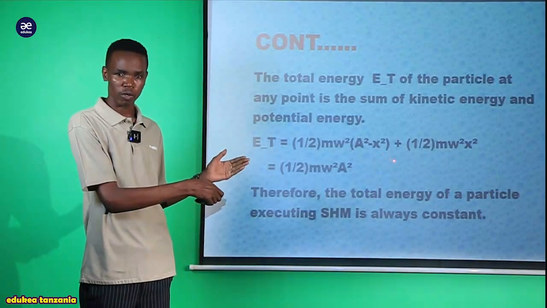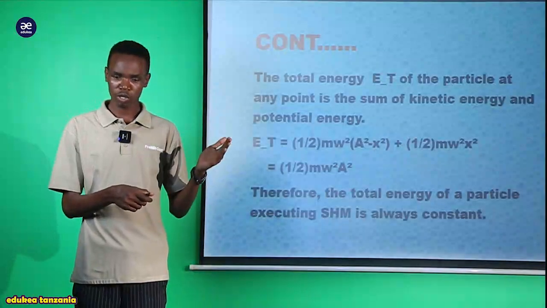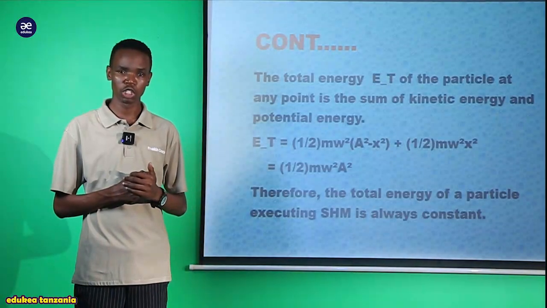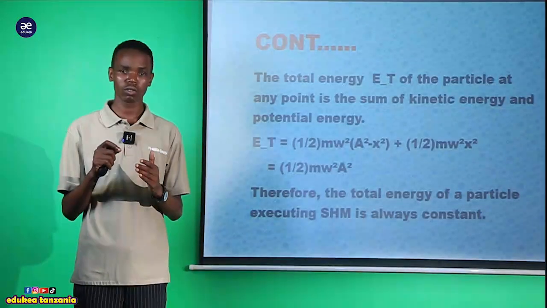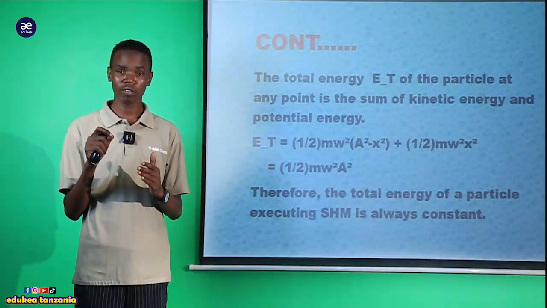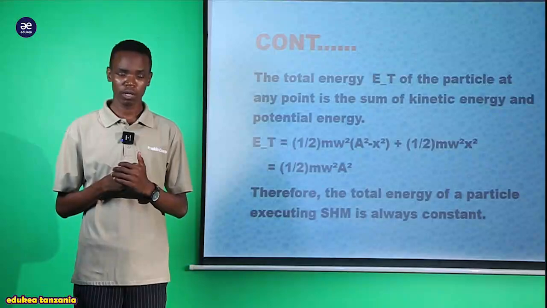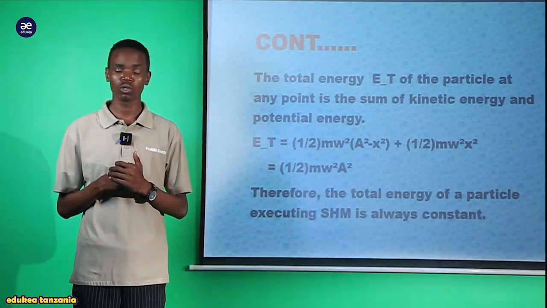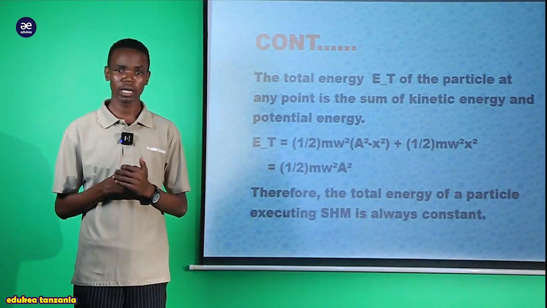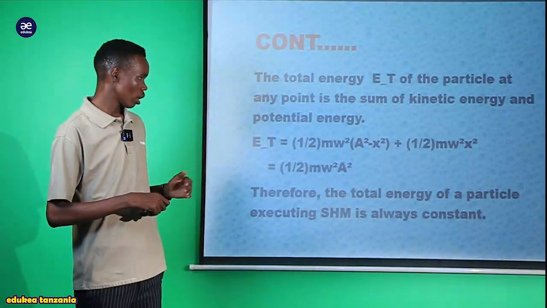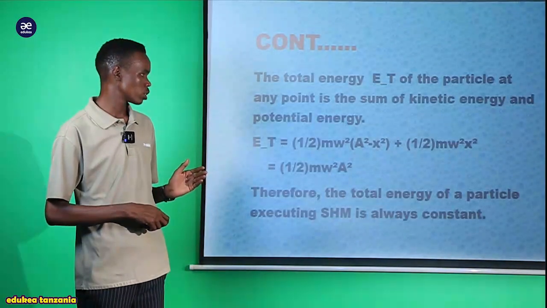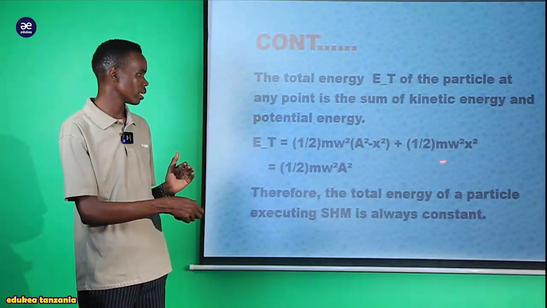Here we had the value of v square, where the velocity we saw in circular motion. We said that the velocity must be equal to the angular velocity times the square root of the amplitude square minus the displacement square. So finally we are supposed to simplify. Let us simplify this formula.